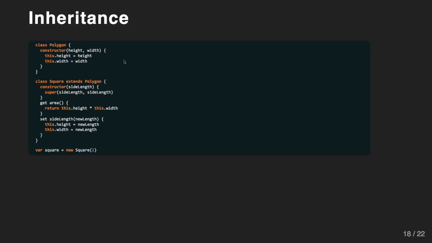And then we create a class Square that extends Polygon, which has a side length, which calls super, and super being that class constructor. So this is probably quite familiar if you're used to classes in Java. Under the hood, a lot of Object.create with prototypes are involved. But this is just another interface for the developer.